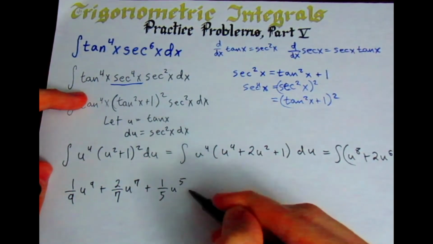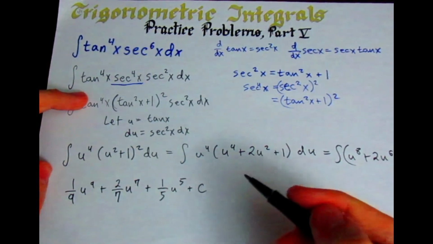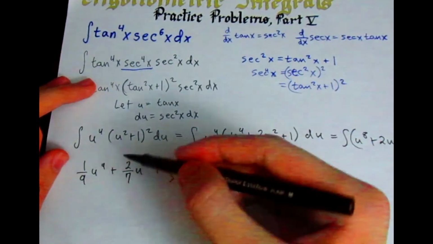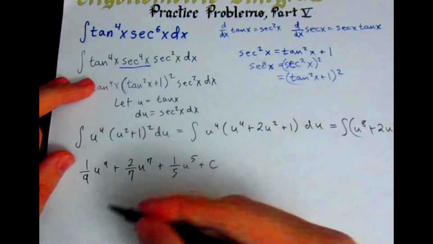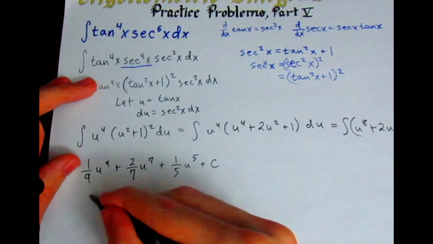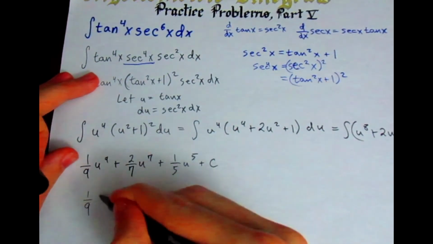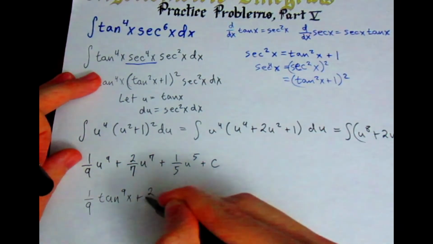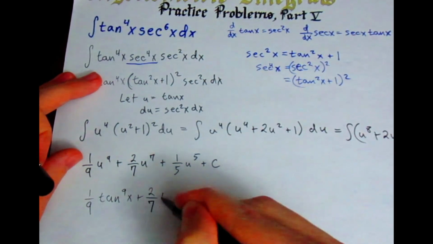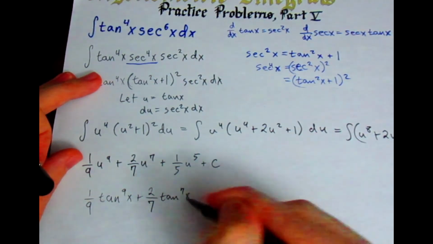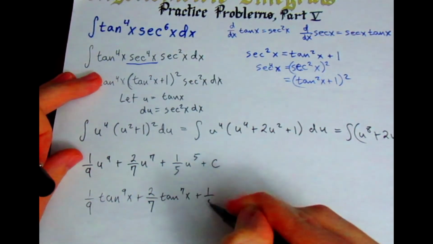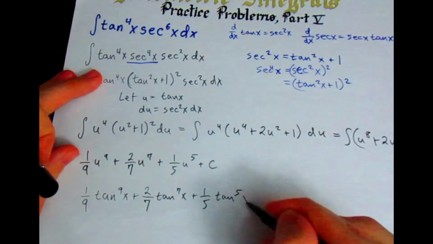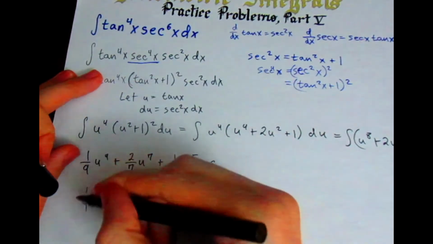And what that comes out to, substituting back in terms of x, we have 1/9 tan to the 9th x plus 2/7 tan to the 7th x plus 1/5 tan to the 5th x plus c.